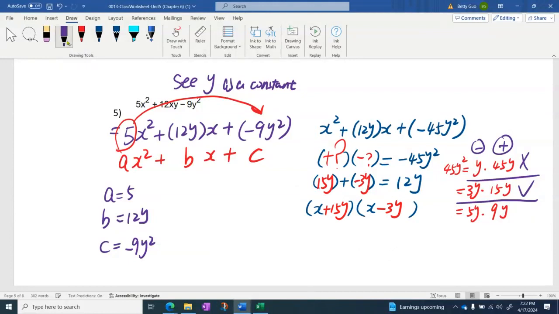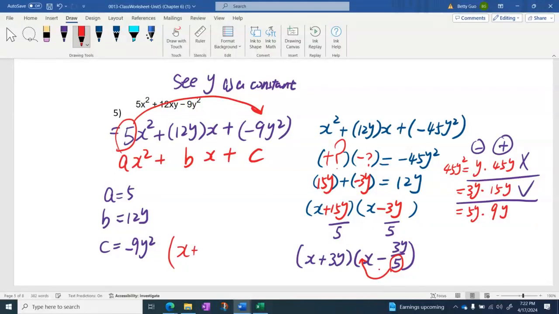And then we divide by the original leading coefficient, which is 5. And then we simplify, we have x plus 3y, and here we have x minus 3y over 5. And then we slide back. The final answer is going to be x plus 3y times 5x minus 3y.